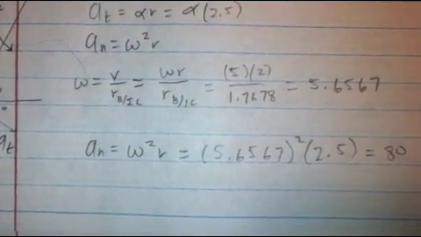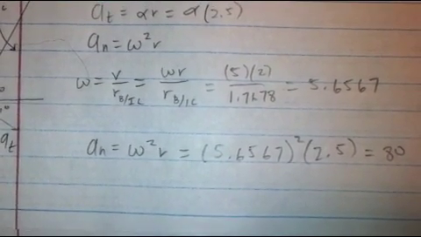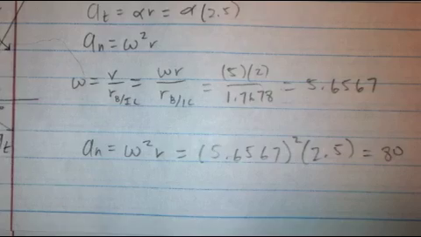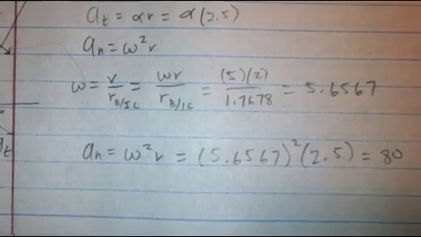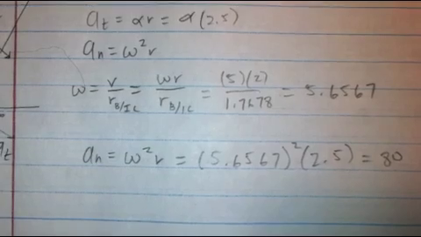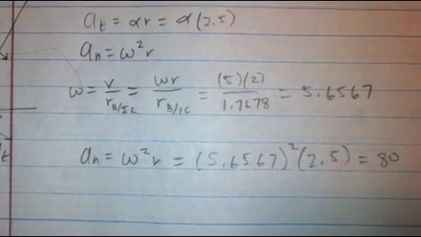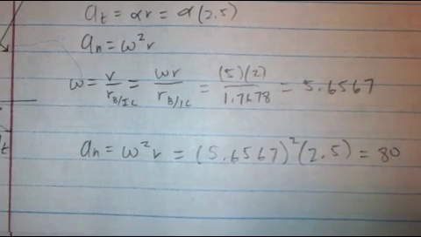So we divide this by our instant center at B, 1.7678. We find out that to be 5.6567 radians per second.